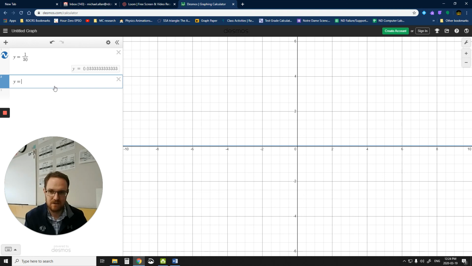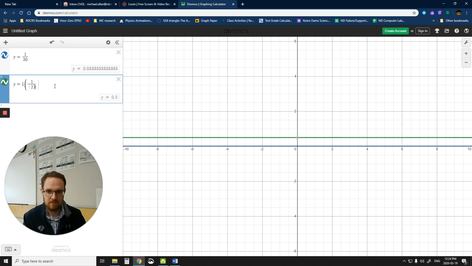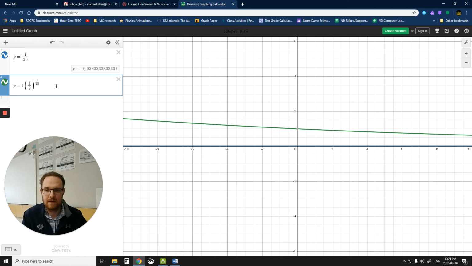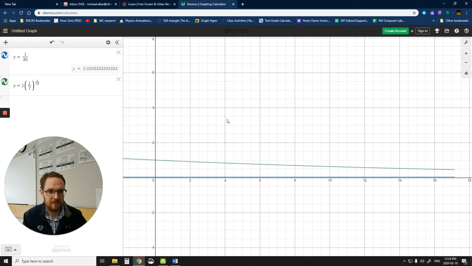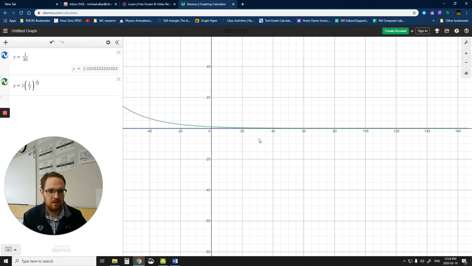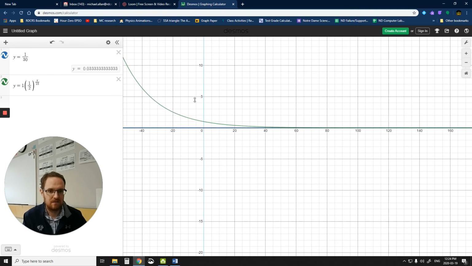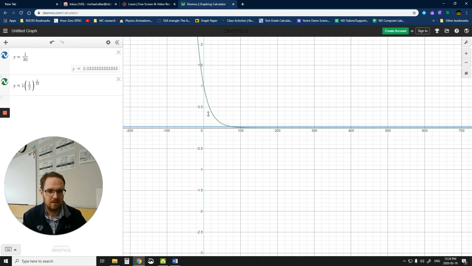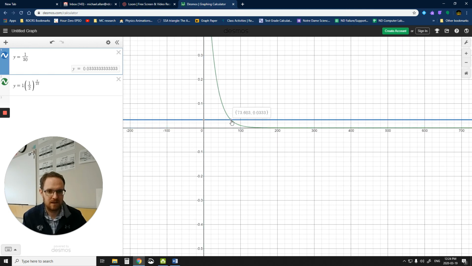And then I'm going to make my next equation. What would I say? It was 1 times 1/2 to the power of x over 15. And we're just going to zoom out of this graph here. Maybe zoom into the axis here a little bit. You can kind of see over here, cross is right there.